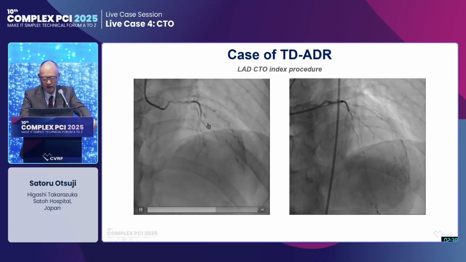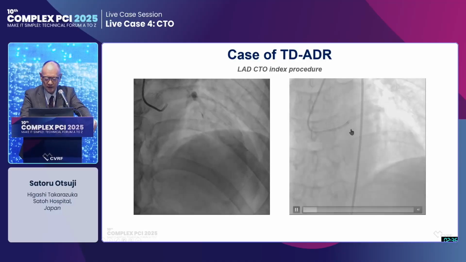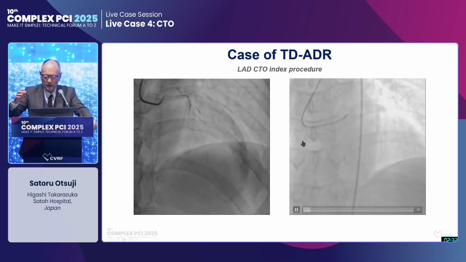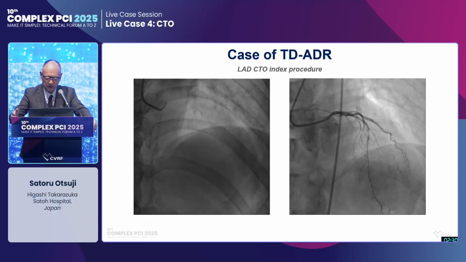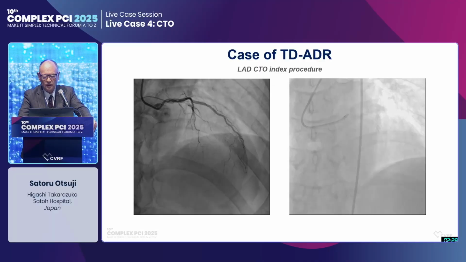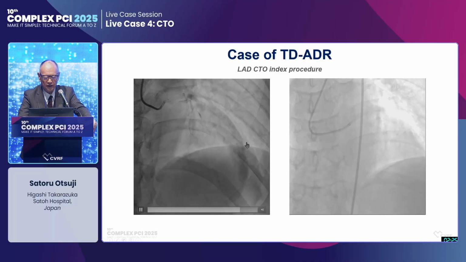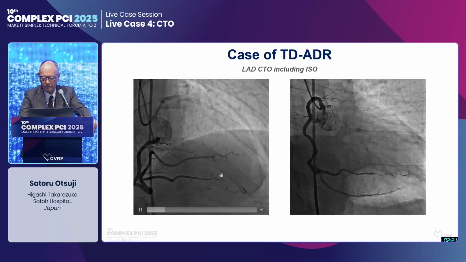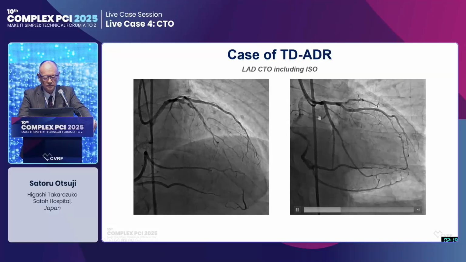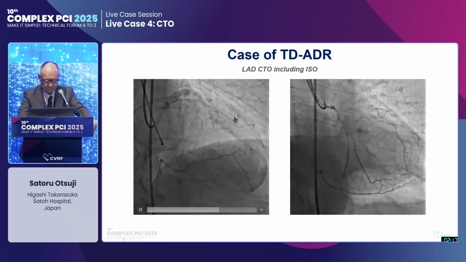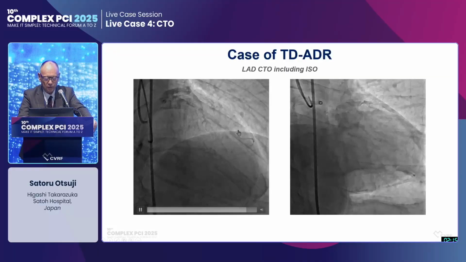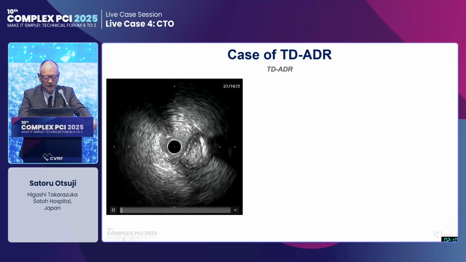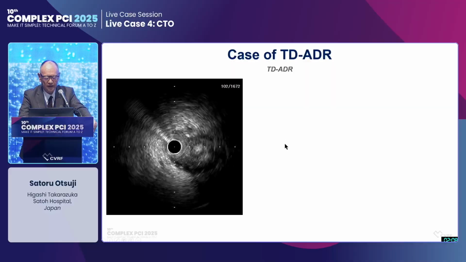This is an LAD CTO. This case was treated 10 years ago, and at that time the sub-intima stenting was done, and the stent did not cover the lesion completely. This time, it is a complete occlusion of the CTO involving the IVUS, and we can see the IVUS in the horizontal room here.